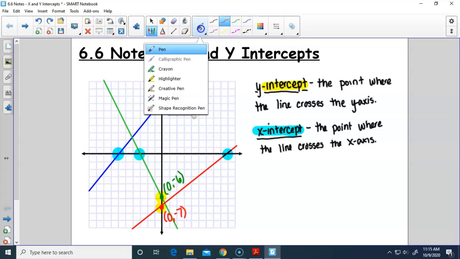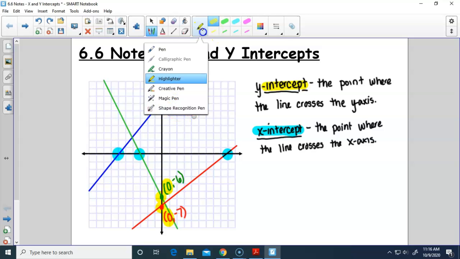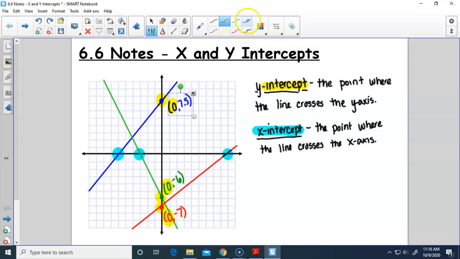What I want you to see is that all of our x-coordinates are 0 whenever we're on the y-axis. You might remember that the equation of the y-axis is x equals 0. Our vertical lines are x equals a number. But if x equals 0, that gives you your y-intercept. So let's write this down.